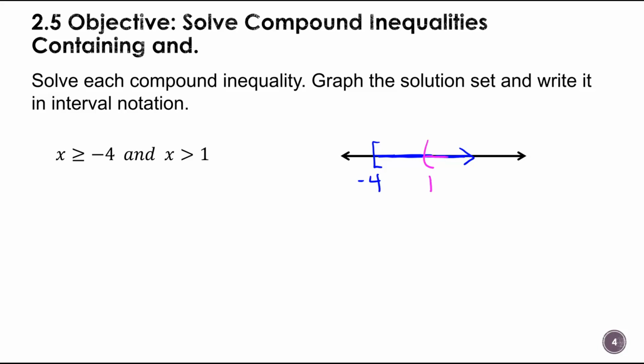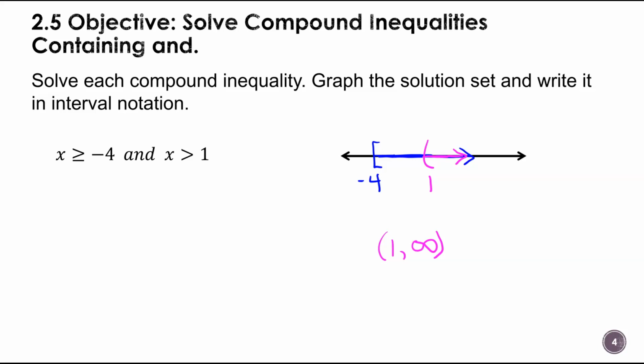And so it's going here. You can see that the intersection starts right past the 1, because 1 is not included in this case. Greater than or equal to -4 and x is greater than 1. My interval then is from 1 to infinity. That's my solution set. Those numbers are solutions to both.